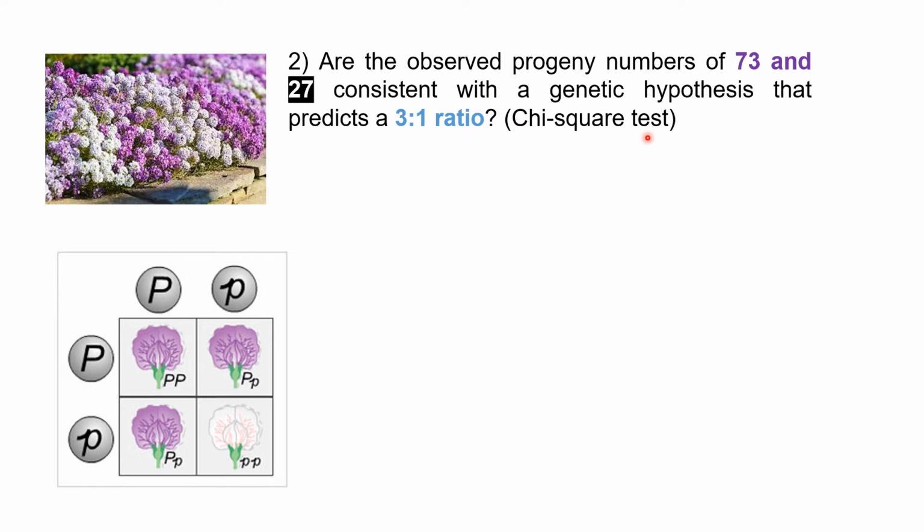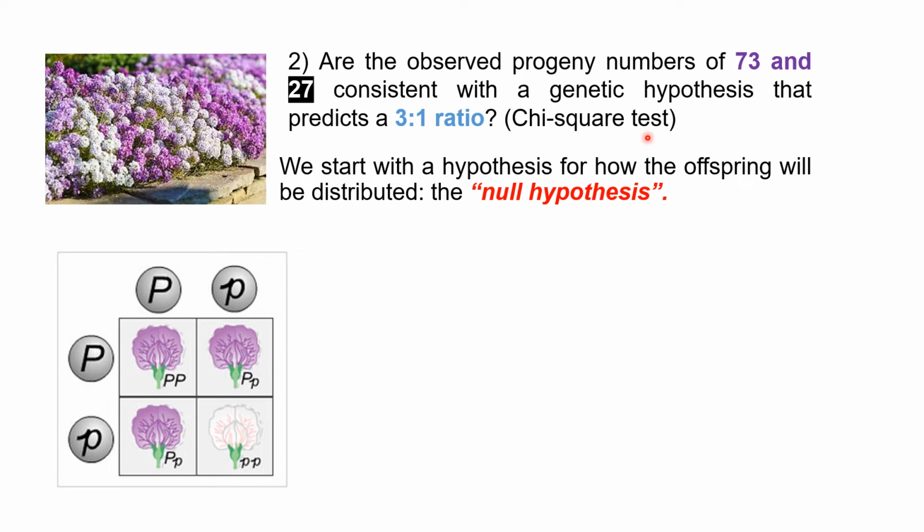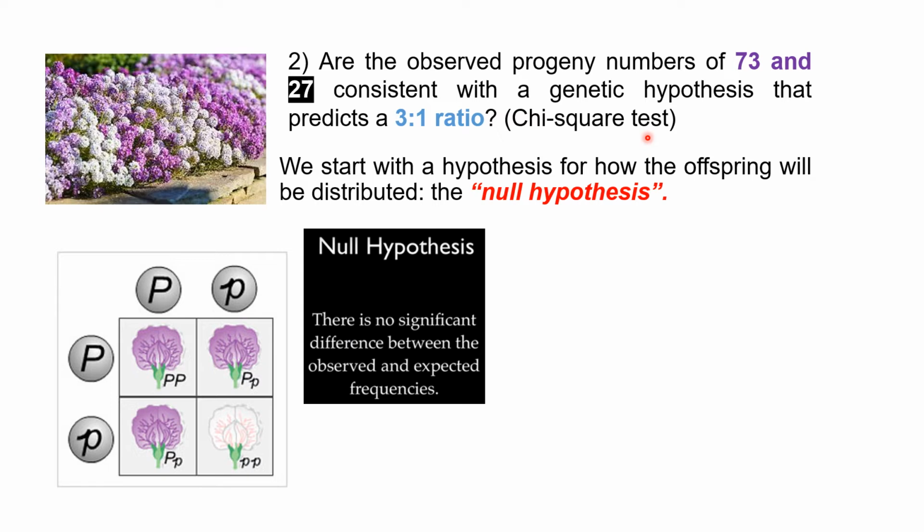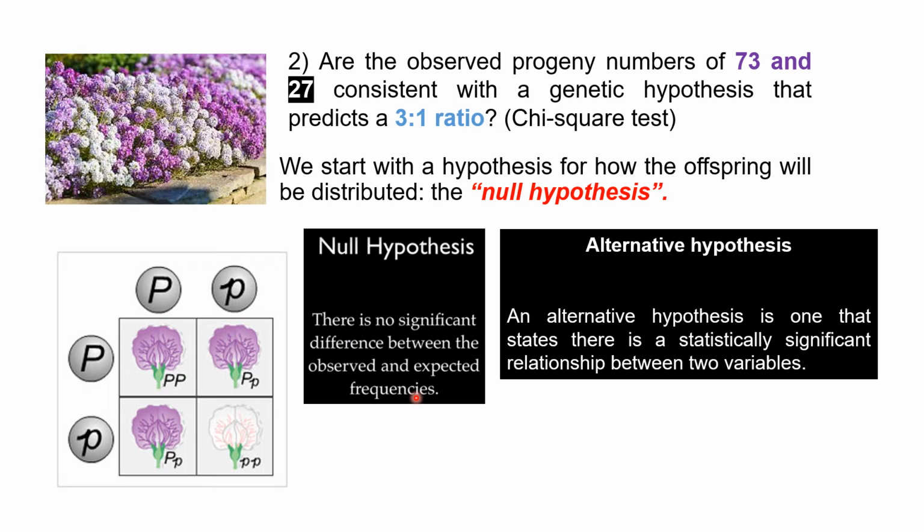Okay, so if you already finished, you know the answer, and the first thing that you have to do is to again see what your null hypothesis is. The null hypothesis says that there is no significant difference between the observed and the expected frequencies.